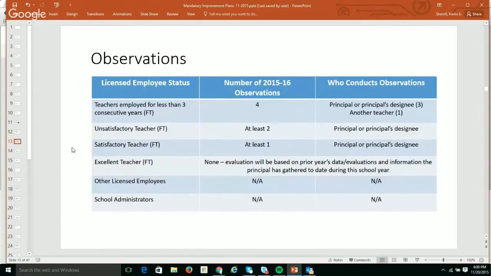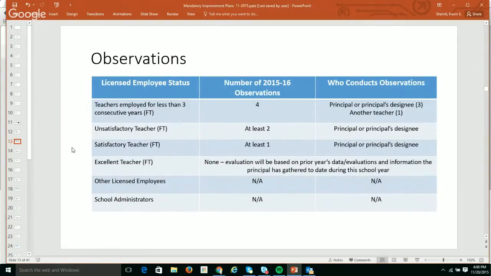In the middle column, you'll see how many observations need to happen in 2015-16. In the right-hand column, you'll see who conducts those observations. So our approach here was to try to balance the need to have good evidence when making a decision versus your actual ability to go and do multiple observations on everybody in your building.